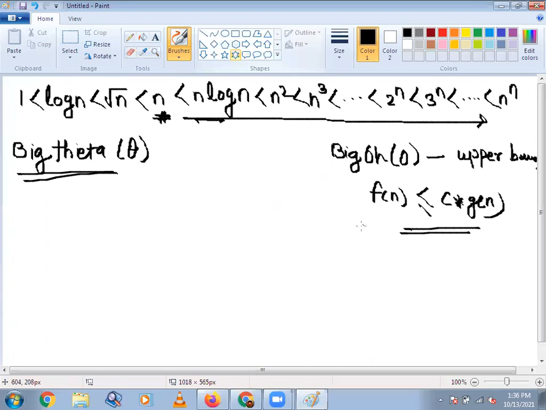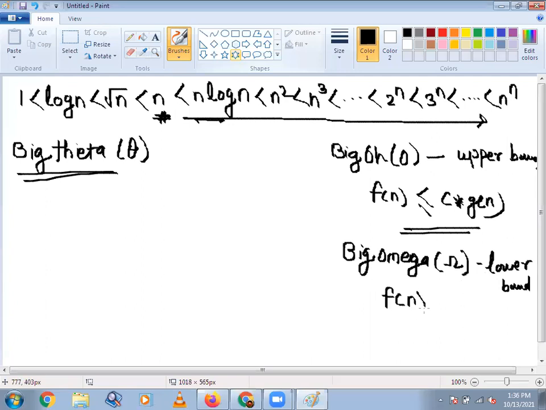In big omega, we have seen that big omega is lower bound, and the function we have seen is that f of n is always greater than or equal to c into g of n.